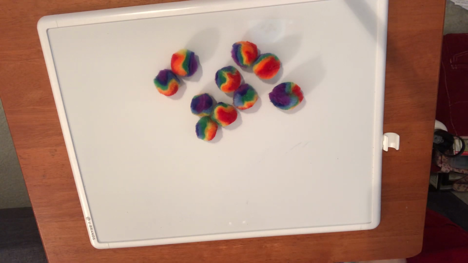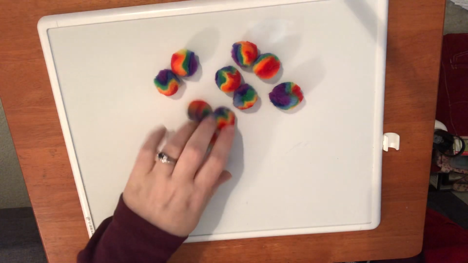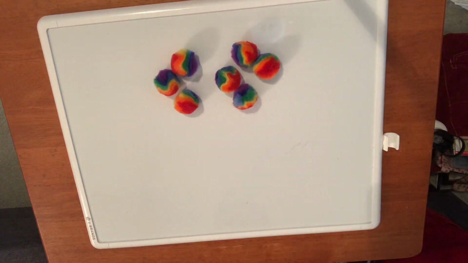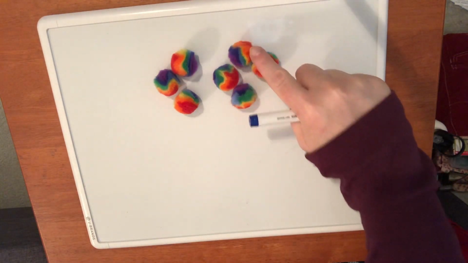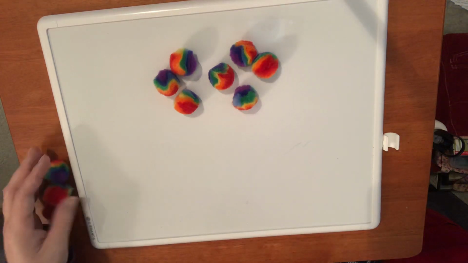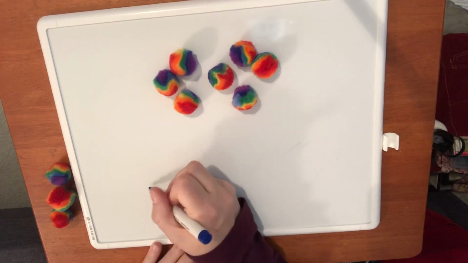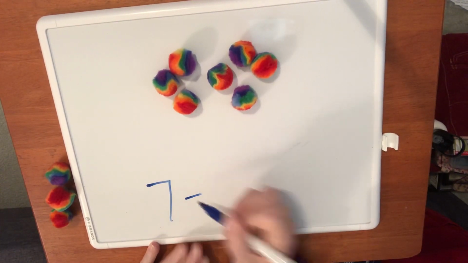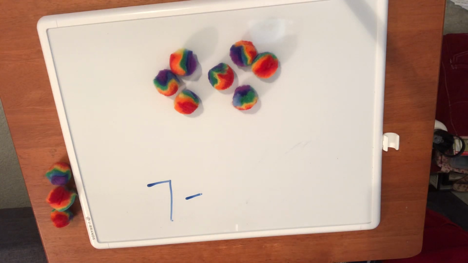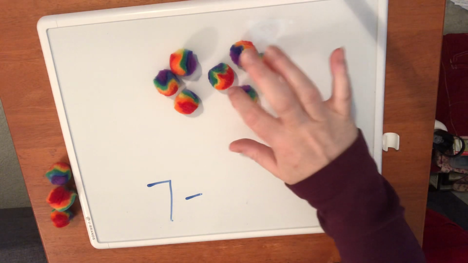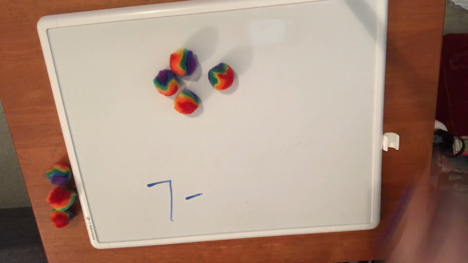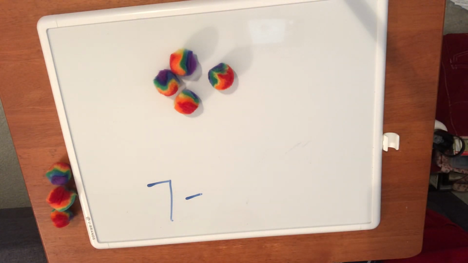So my first story, this is always my favorite subtraction story. I have 7 cookies. Cameron came and Cameron ate 3 of my cookies, so we're going to make 3 cookies go away because Cameron ate 3 of them.